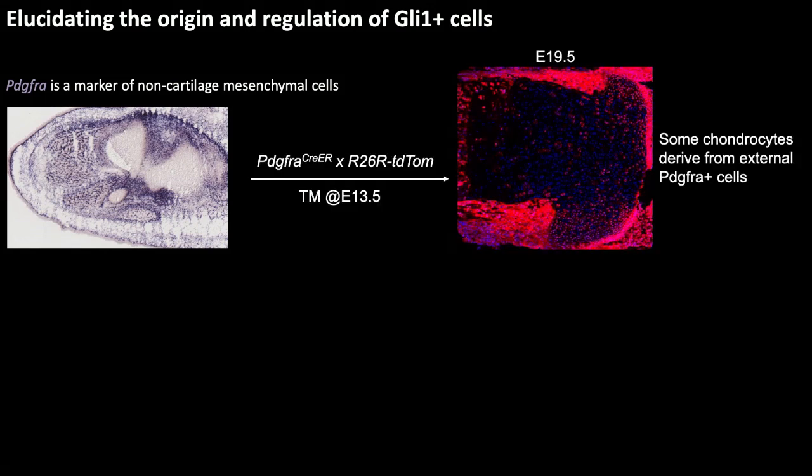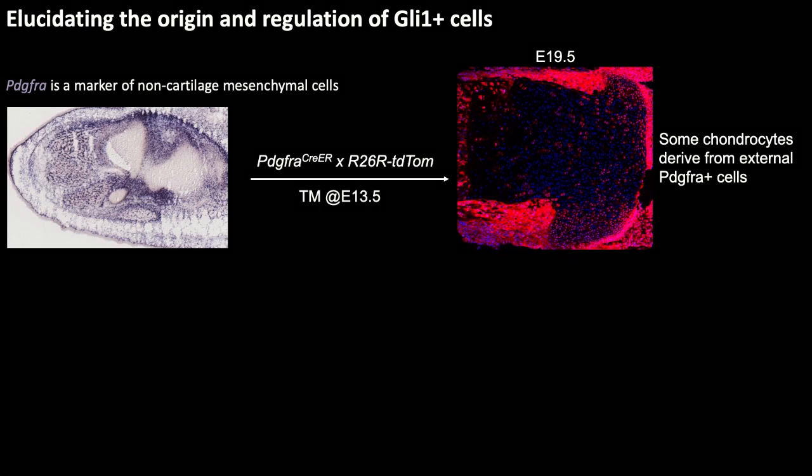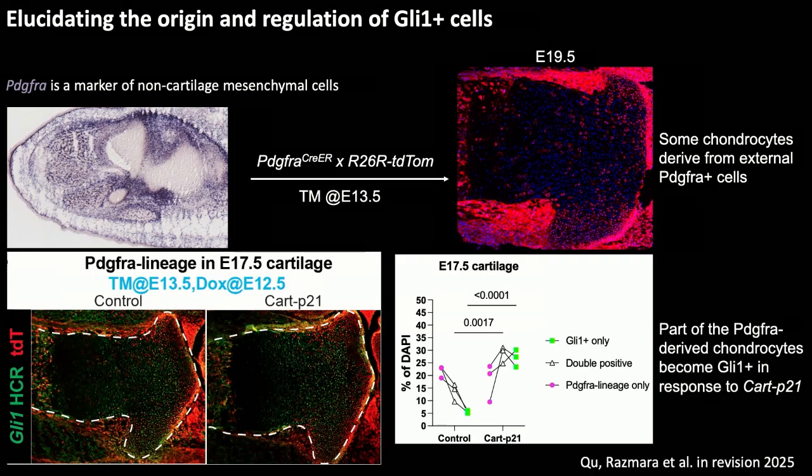And when you trace the lineage of those cells just in normal development, the majority are outside, but some of those cells end up inside the cartilage. So it was the perfect tool to test, in the presence of the cartilage-driven P21, what happens with that lineage and with Gli1 expression.